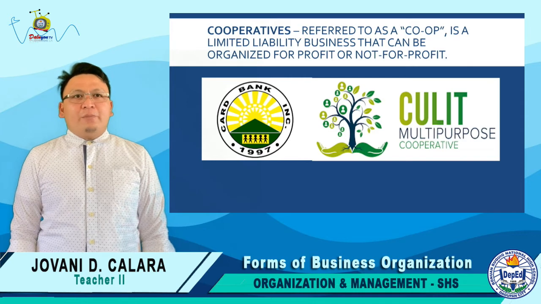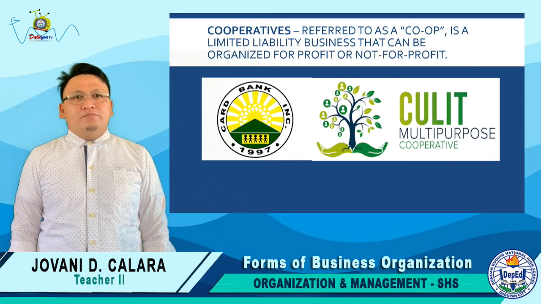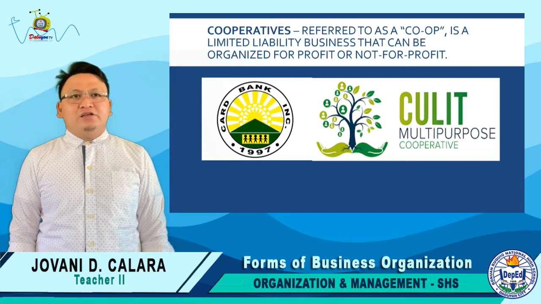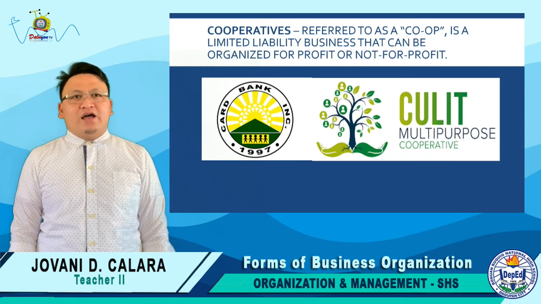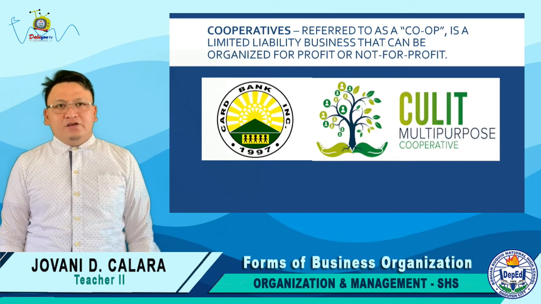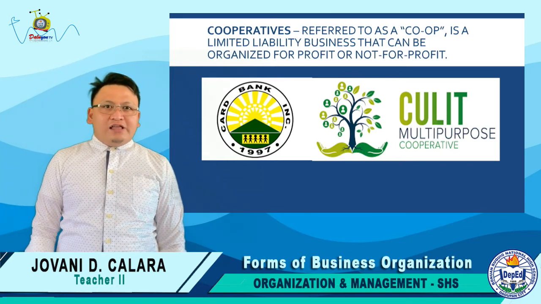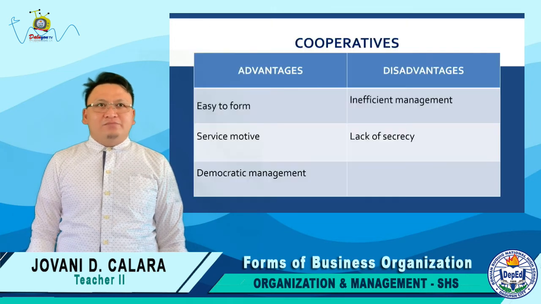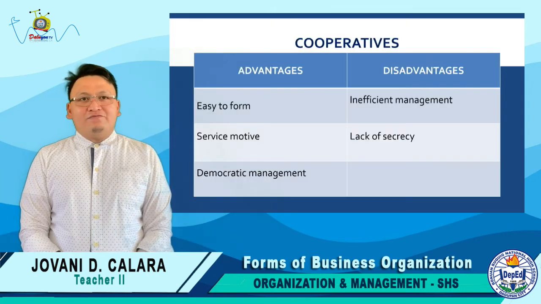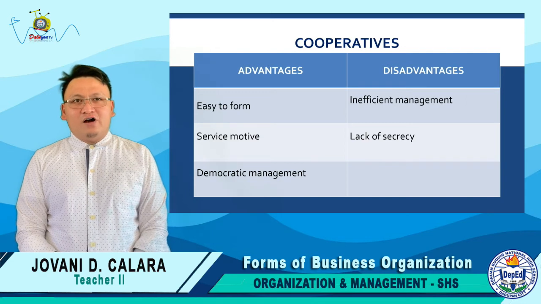Cooperatives. Cooperative, referred to as co-op, is a limited liability business that can be organized for profit or not for profit. Examples are the CARD Bank Incorporated and the Kulit Multipurpose Cooperative. Here are some advantages and disadvantages of cooperative.